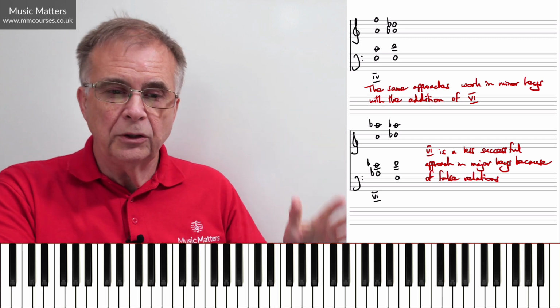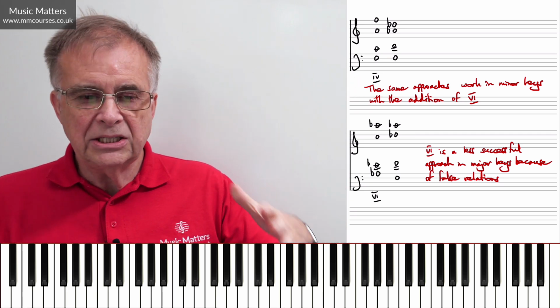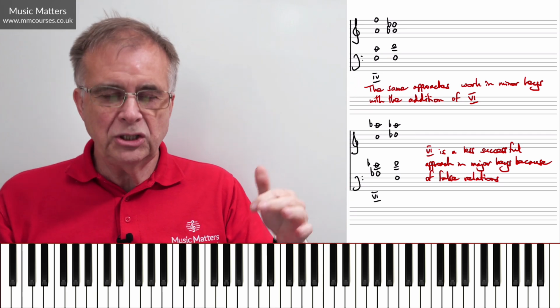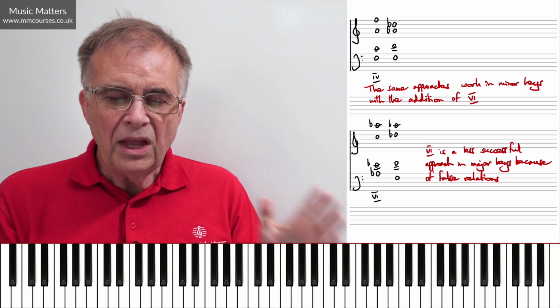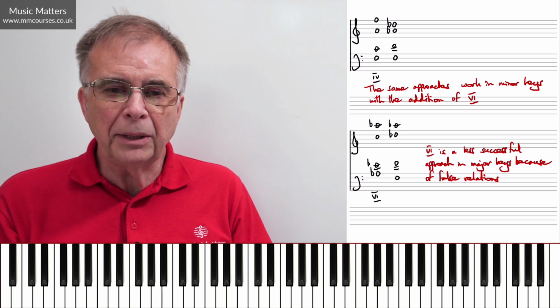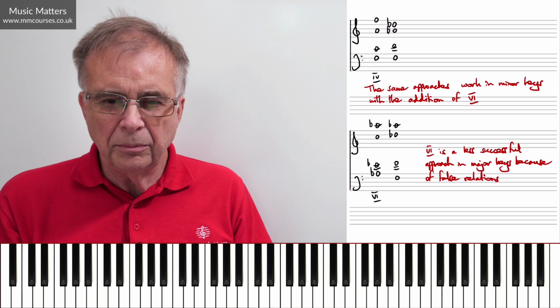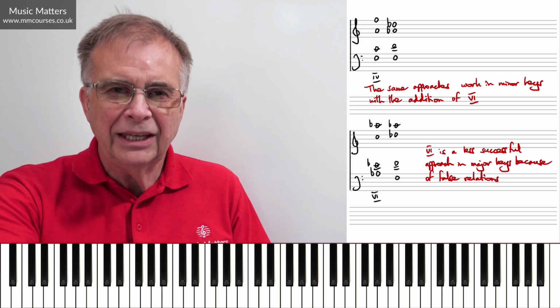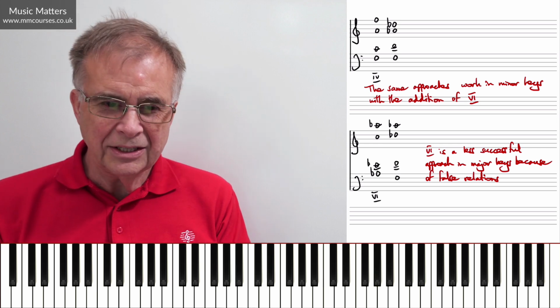All these approaches, by the way, as I'm saying here, work very nicely in minor keys as well as in major keys. So you can think about those. However, be a little bit careful if you're thinking about using chord 6 in a major key followed by a Neapolitan. Again, we get false relations if we're not careful, that kind of stuff.